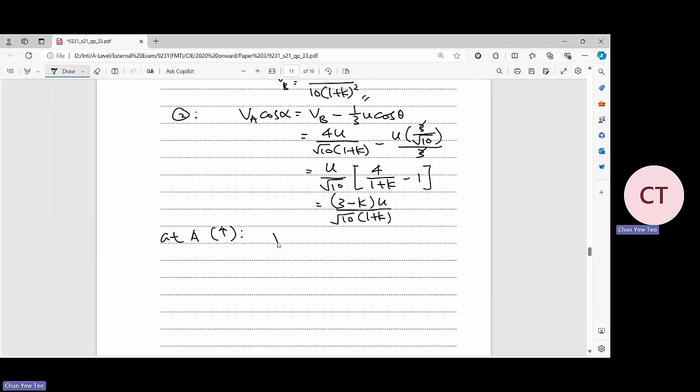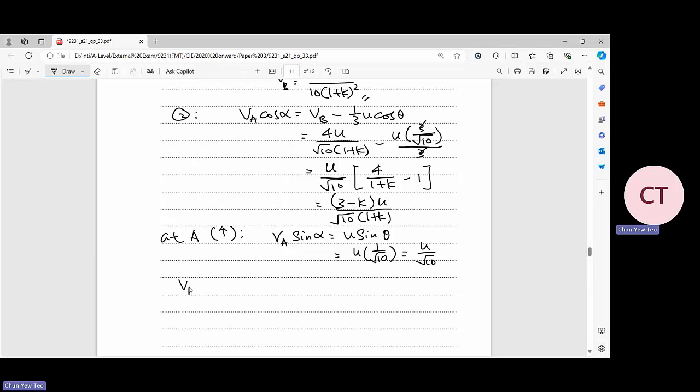So you will have VA sin alpha equal to u sin theta. But sin theta, just now from the triangle, we know is 1 over root 10. So your VA sin alpha is u over root 10.